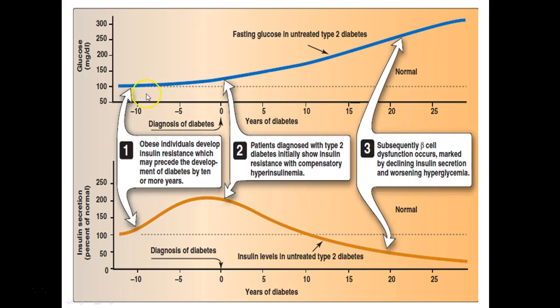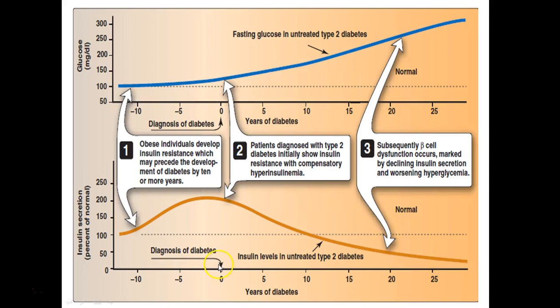Maybe for 10 years they will have a gradual change in the fasting glucose values. The patient diagnosed with type 2 diabetes initially will show increased insulin, hyperinsulinemia, and subsequently when beta cell dysfunction occurs, then there is marked hyperglycemia, and here you can see insulin declined below the normal threshold.